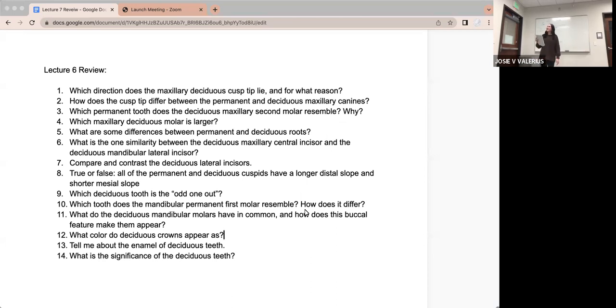Which direction does the maxillary deciduous cusp tip lie and for what reason? Inside the... which, right? Am I wrong? Distal, yeah. Never mind. Good try. It's distal, which is in my drawing. But you do see it in the incisal view.